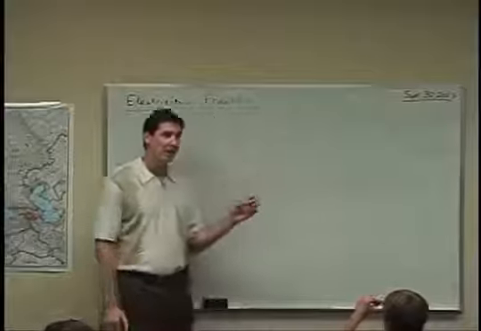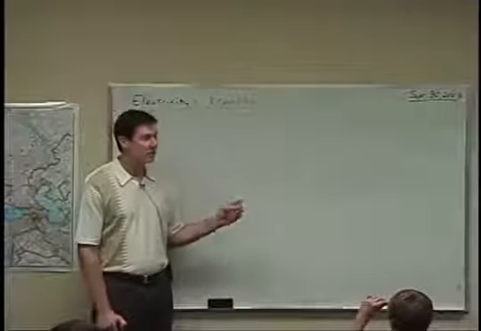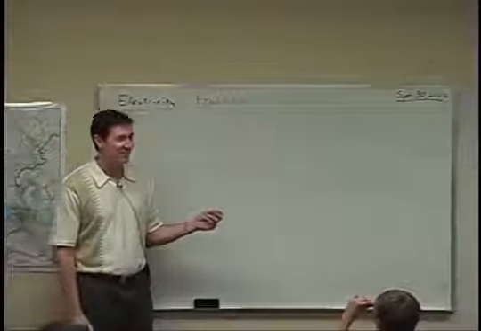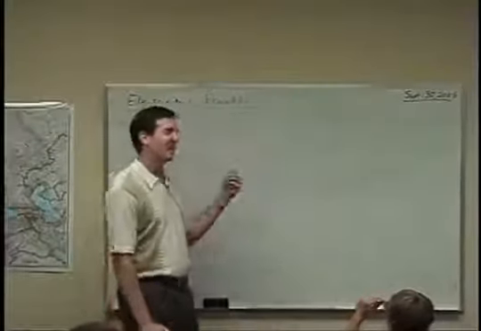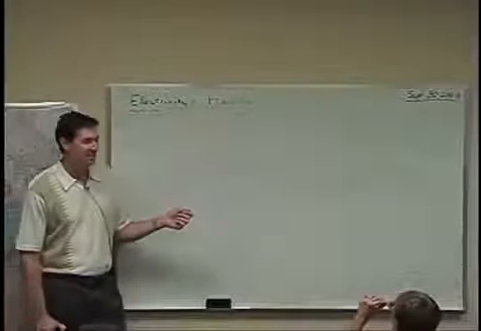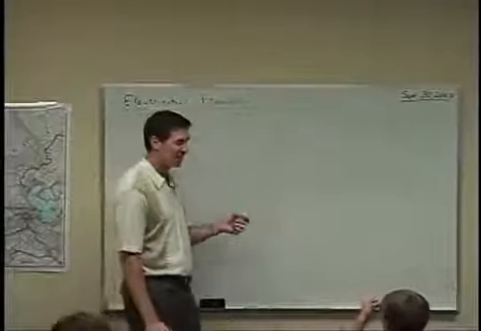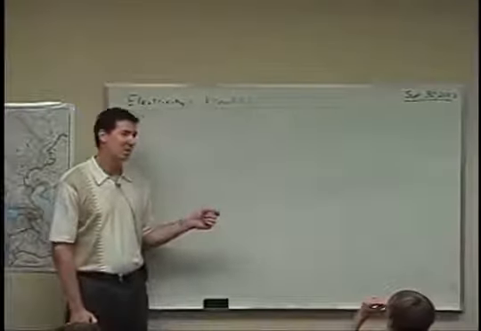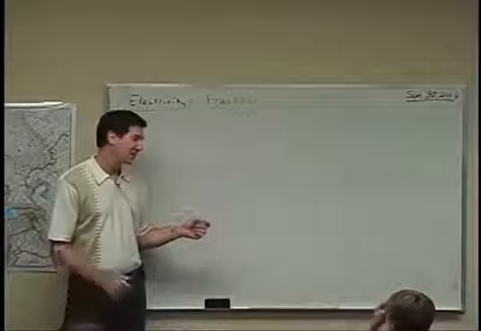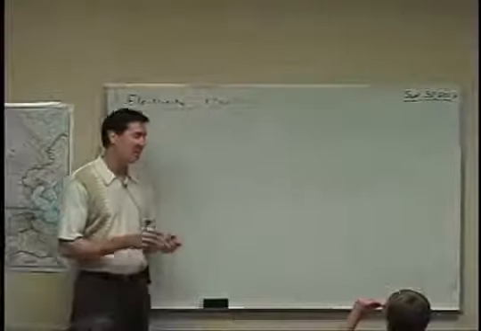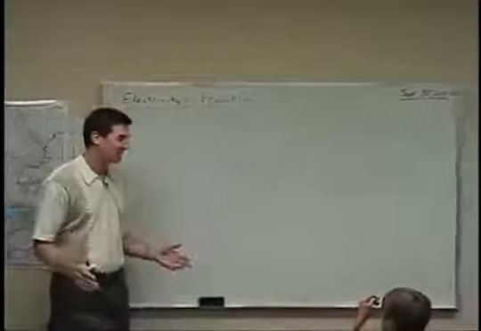But it leaked off faster on humid days, when there was more water in the air. So people realized, aha, the water must be carrying away the electricity. So it's still not a case, that's what Franklin would say, where the electricity is disappearing. It's a case where the electricity is being carried away by the water in the air.